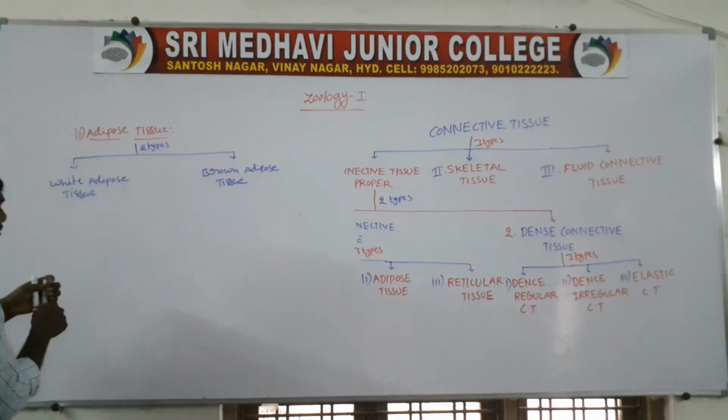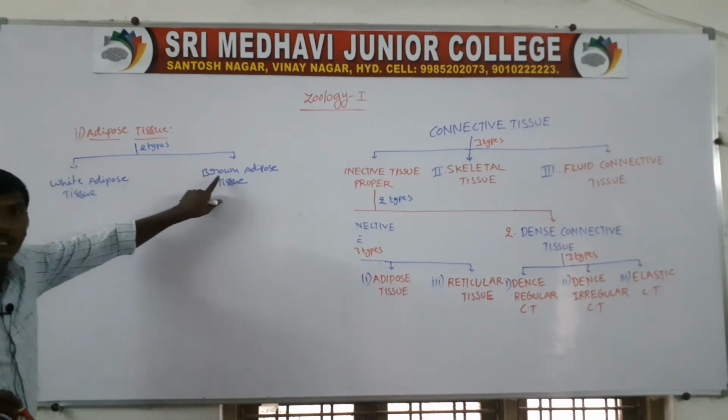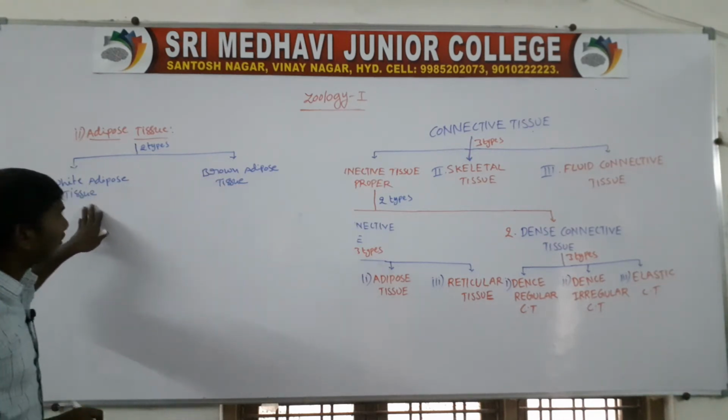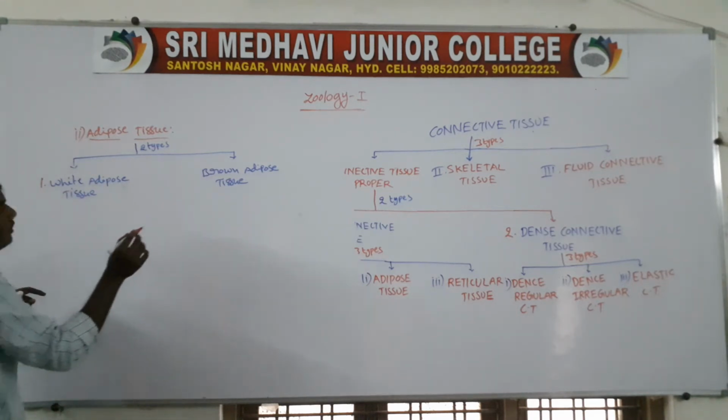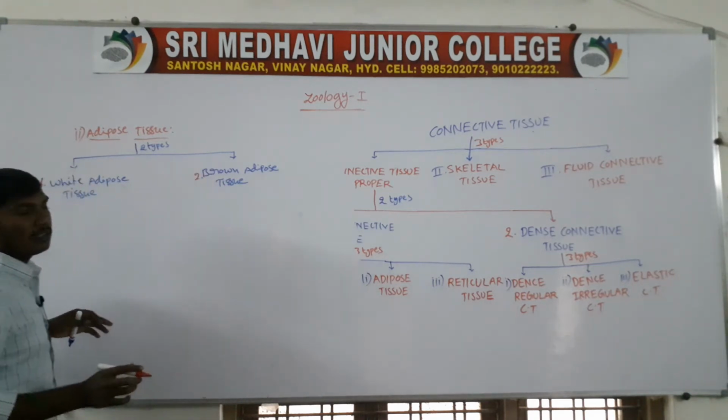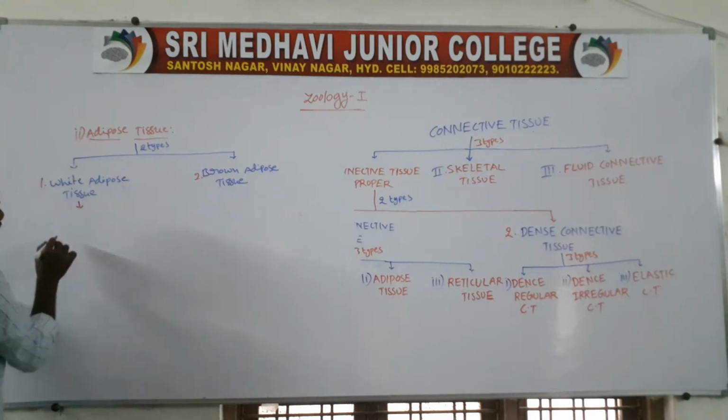First one is the white adipose tissue. Next one, the brown adipose tissue. So adipose tissue is divided into two types: the first one is white adipose tissue, the second one is brown adipose tissue.